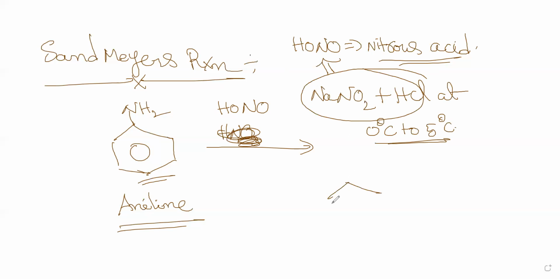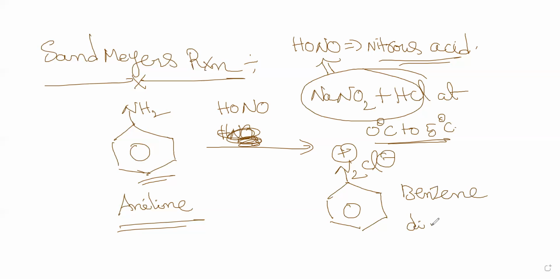What you get is N2+ Cl-. This is called benzene diazonium chloride. This is a very important reagent for any chemist.